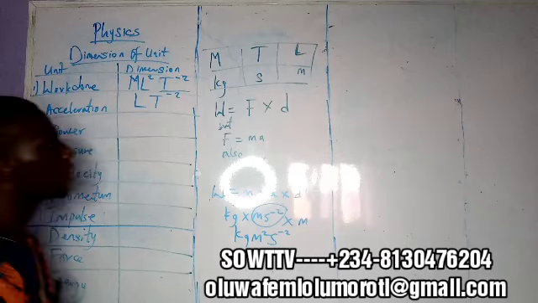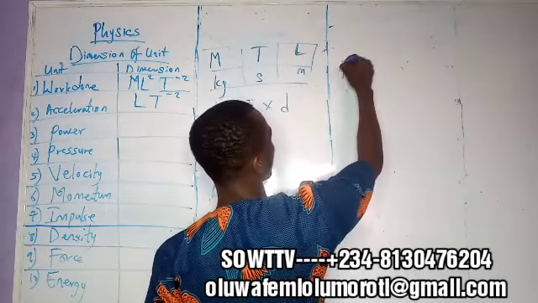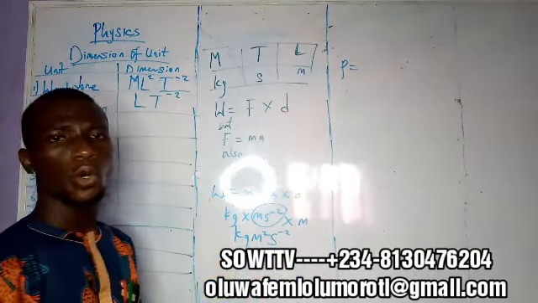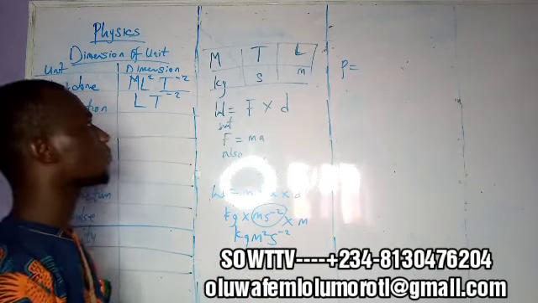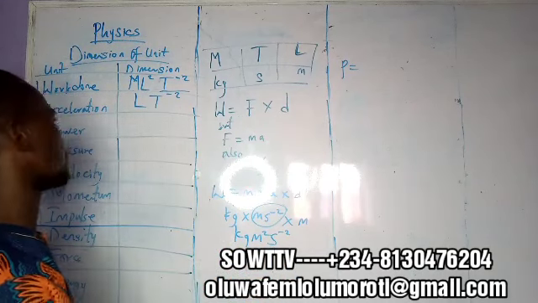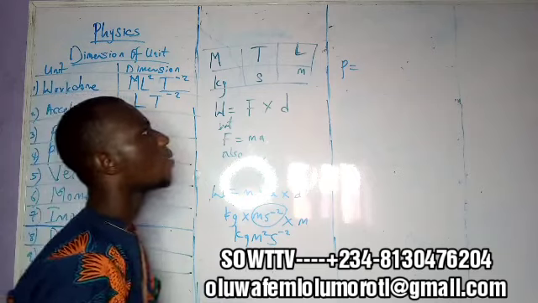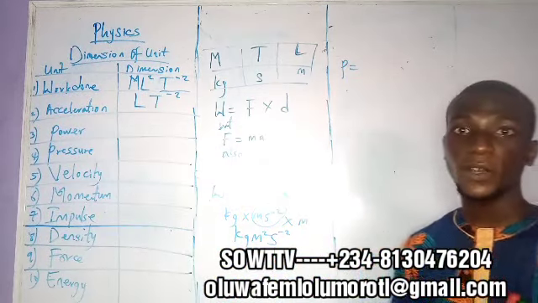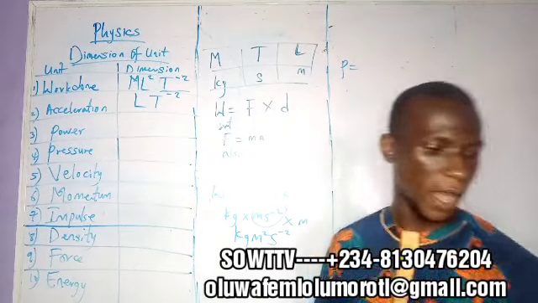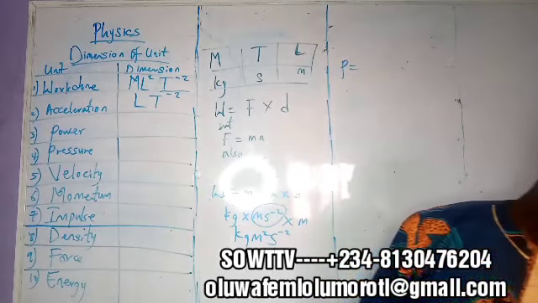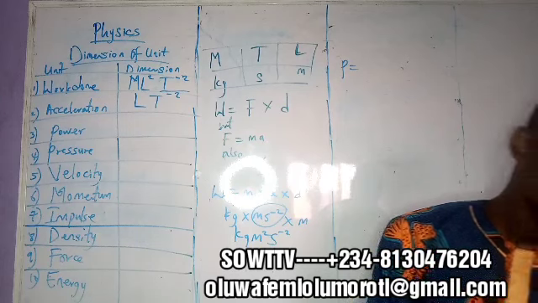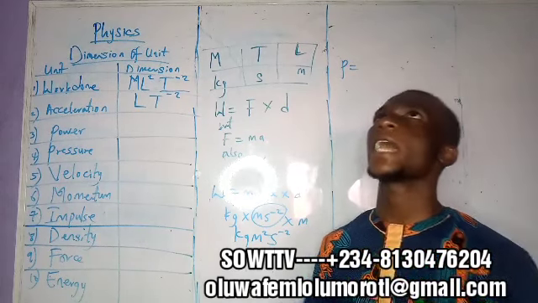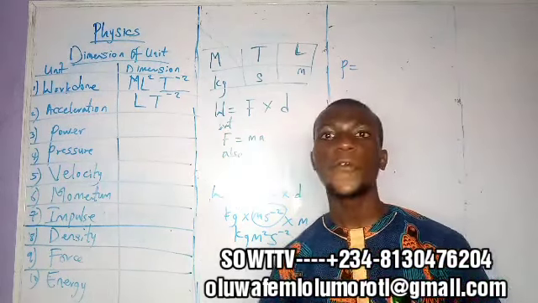Another thing we have is power. Just know the formula. What is the formula for power? Is it force times distance, or force over time, or work done over time?